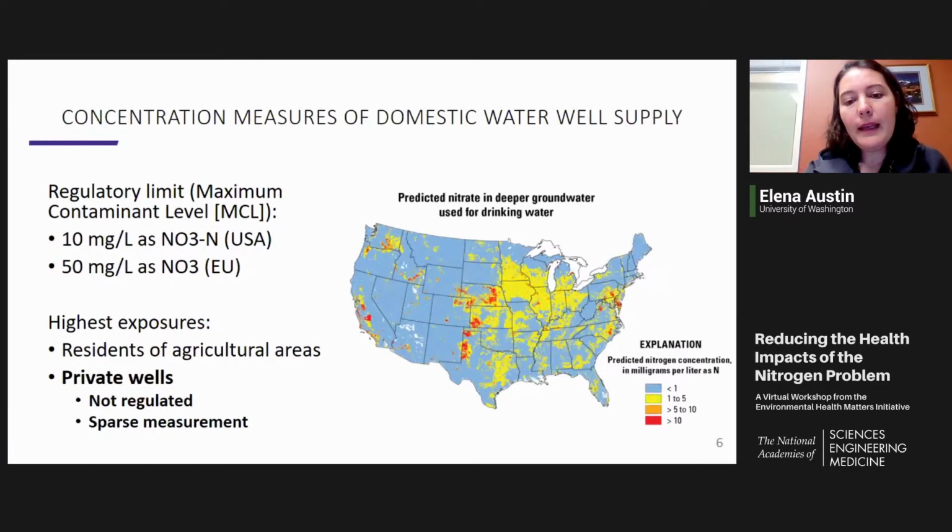What we do know is that based on measurements of waterways as well as groundwater, we can estimate the predicted nitrate concentration in deeper groundwaters. And this predicted nitrate concentration in deeper groundwaters would be correlated to the concentration that we would expect in an untreated well in those particular locations. Again, here we have a distribution of those predicted groundwater concentrations developed by USGS probably about a decade ago.